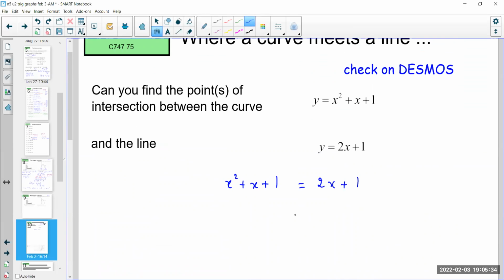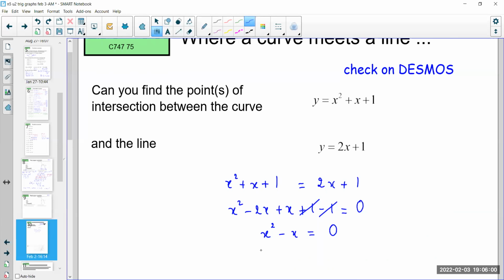If I move 2x to that side, I get x squared minus 2x plus x. Then if I move positive 1 to that side, I get positive 1 minus 1. And all that will be equal to 0. The good news is those two cancel each other and I end up with x squared minus x equals 0.